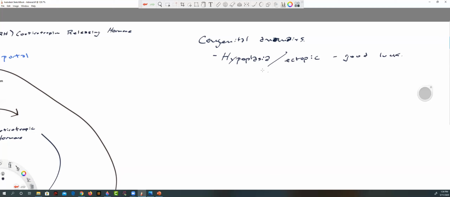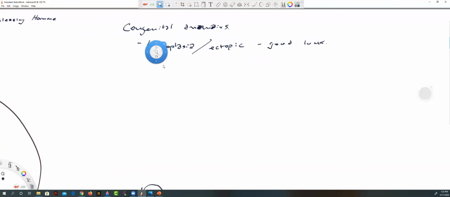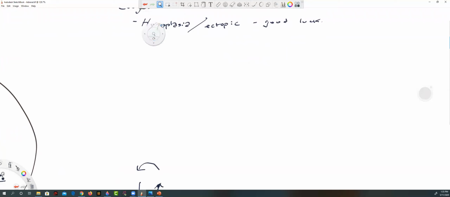And so to be able to say, oh, that one's too small, or I can't see it where it's supposed to be, it must be ectopic, or I found a little tissue near the aorta below the level of kidney, it must be an ectopic adrenal gland. No way, it's not going to happen. You can't do it. We're not that good at all. That's all I have to say for that one.